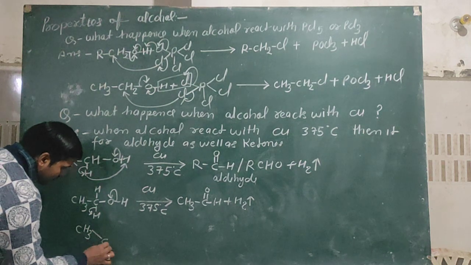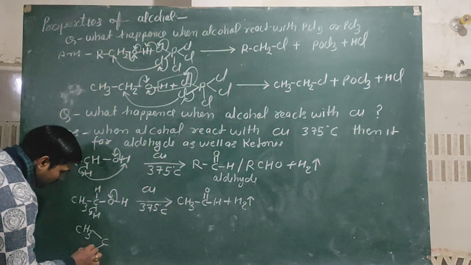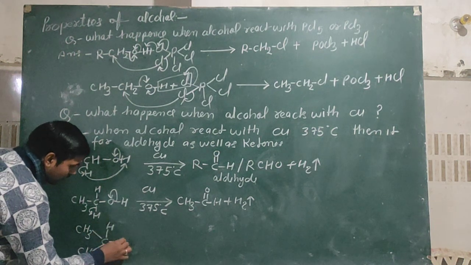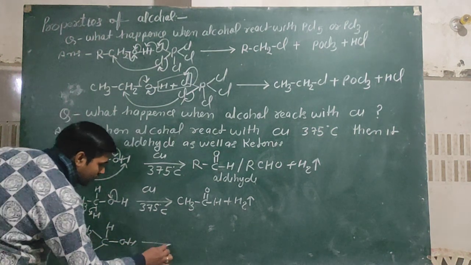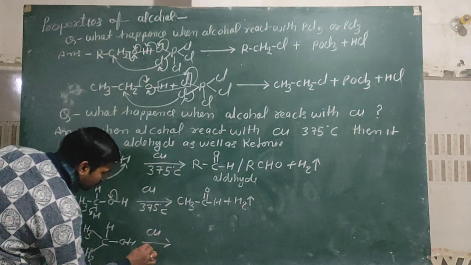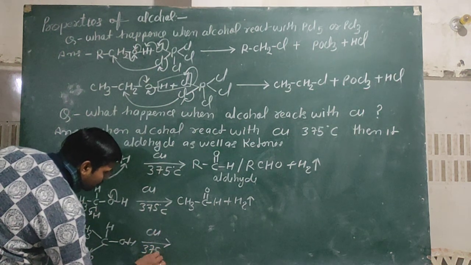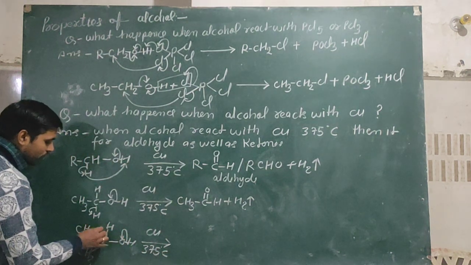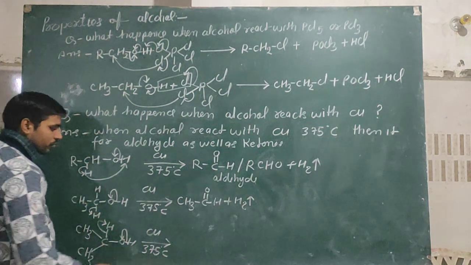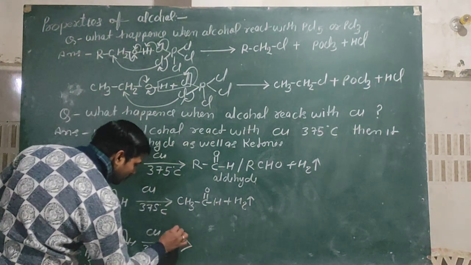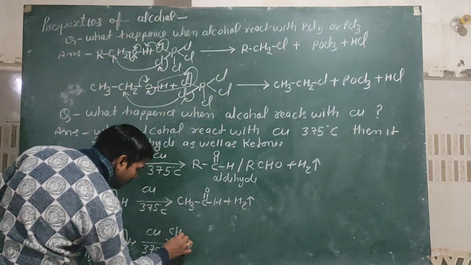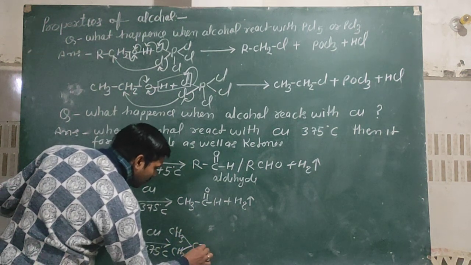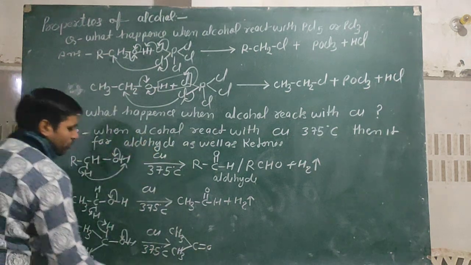CH3CHOHCH3, this carbon contains a hydrogen and an OH group. In presence of Cu and 375 degrees centigrade, when this bond breaks toward the oxygen atom and this bond breaks toward the hydrogen atom, then in this situation CH3COCH3 forms, C double bond O. It is acetone.